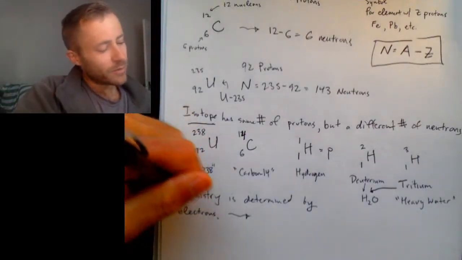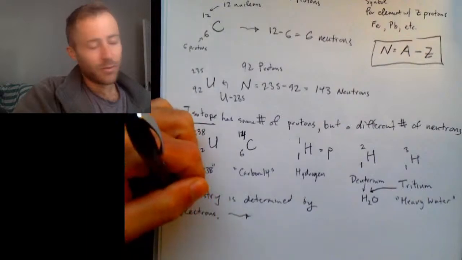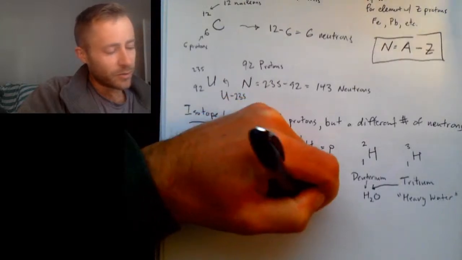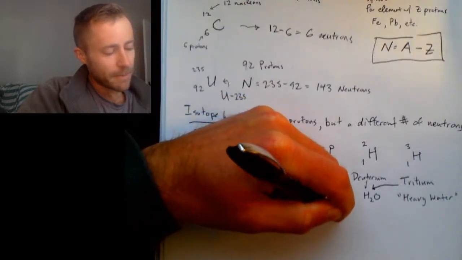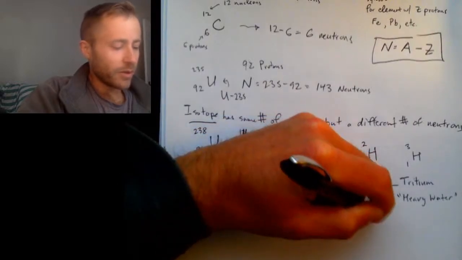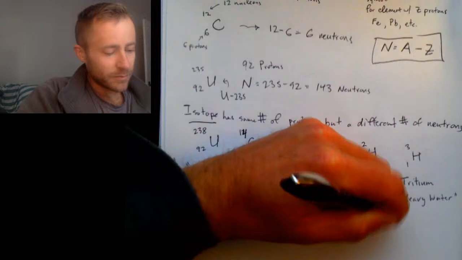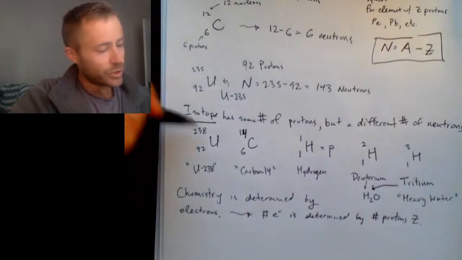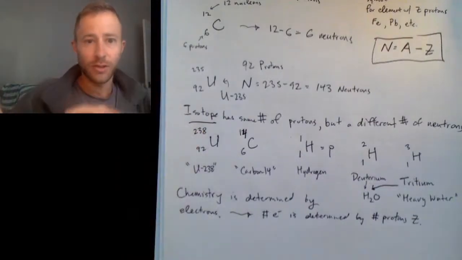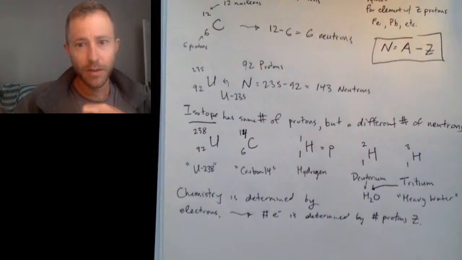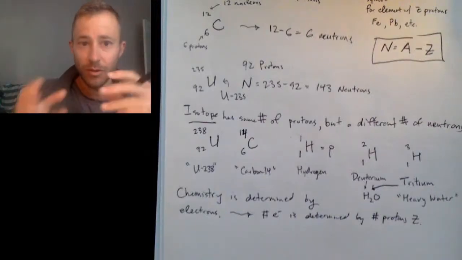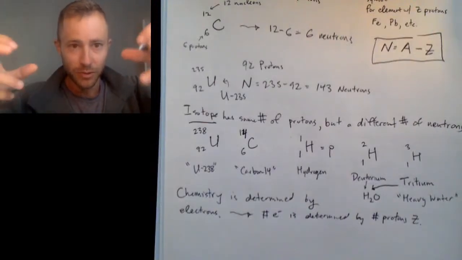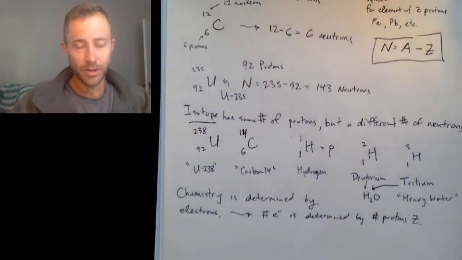So the chemistry is determined by the number of electrons, and the number of electrons is determined by the number of protons, Z. So that is why when we change the number of neutrons, it's still considered the same element, okay? Because you have the same number of protons, which means you're going to have the same number of electrons, which means you're going to have the same chemical properties, okay?